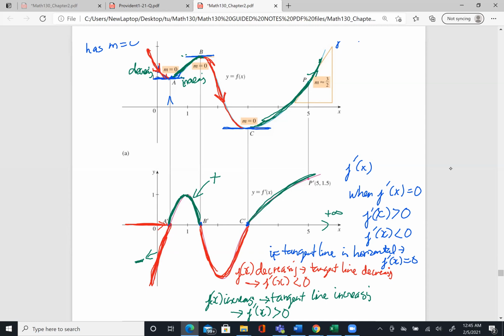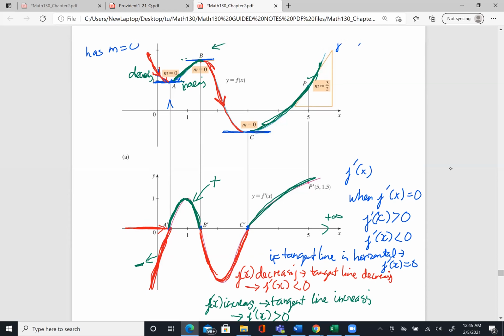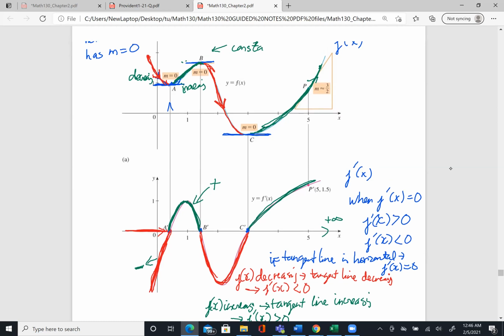So that means it's just like a constant number. Here it's the horizontal line, and here it's just f(x) equal to a.